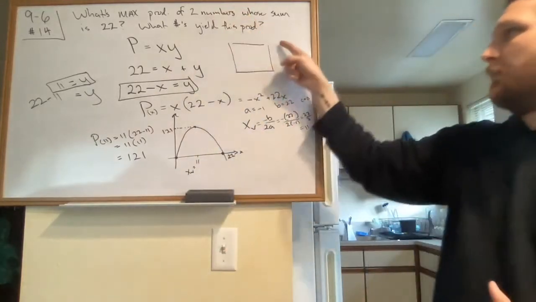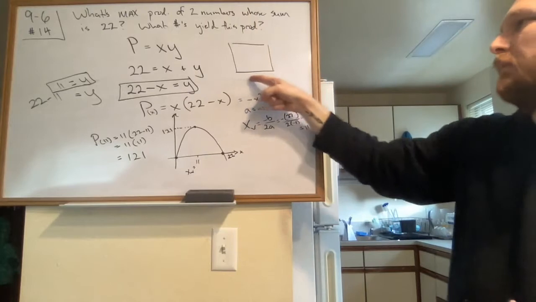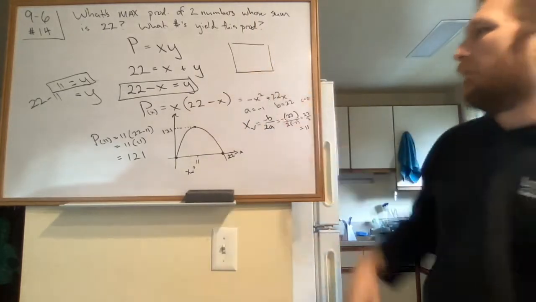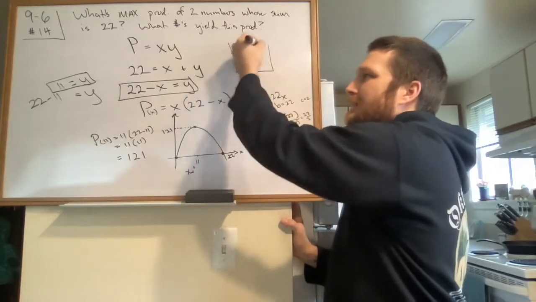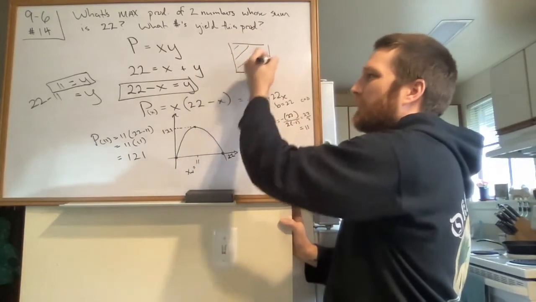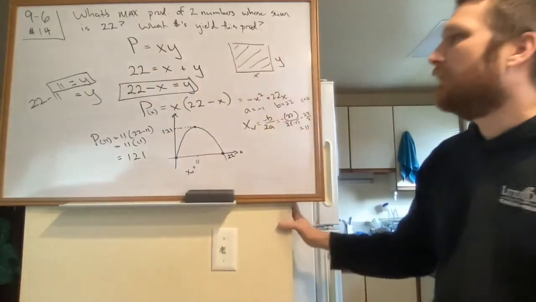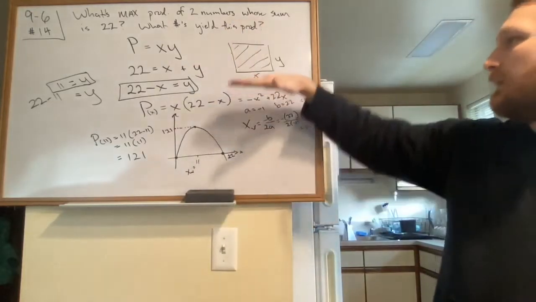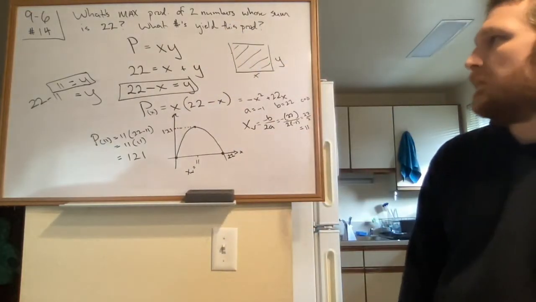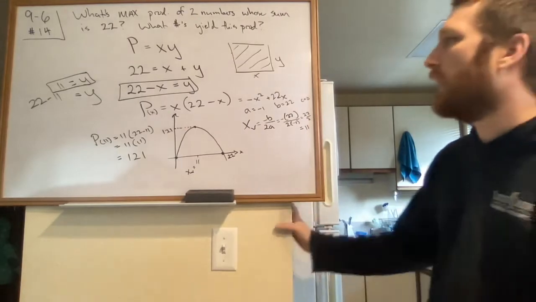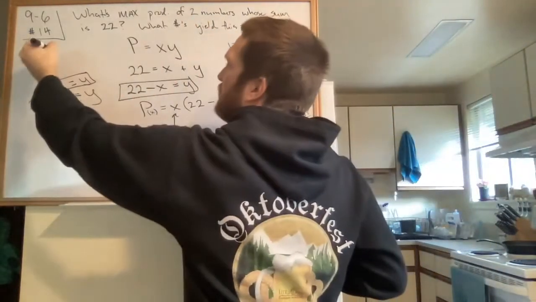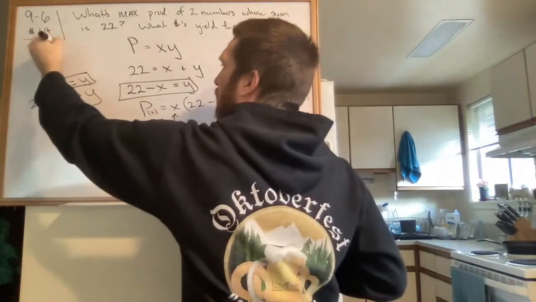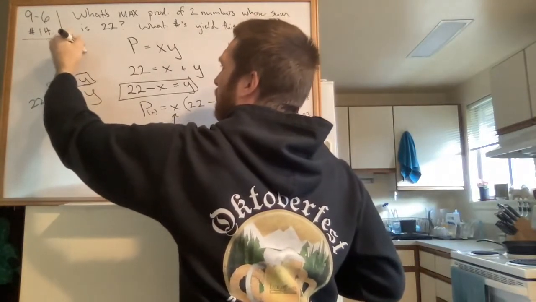We're just constrained by this half of the perimeter right there. But it still turned out that the overall shape which maximizes the area, if you think about this in terms of area, is symmetric, right? It's still a perfect square that does it. So finally, what is the maximum product? The max product is 121.